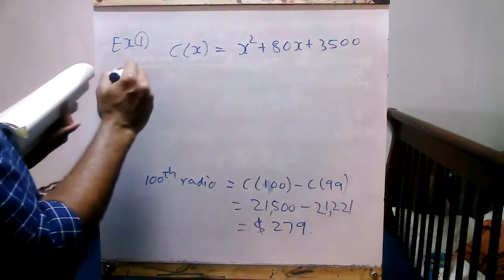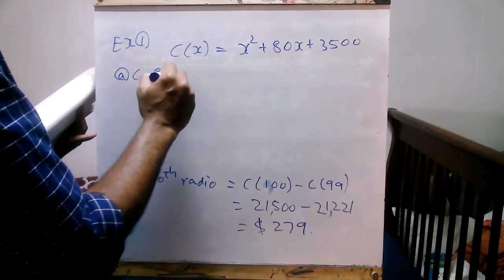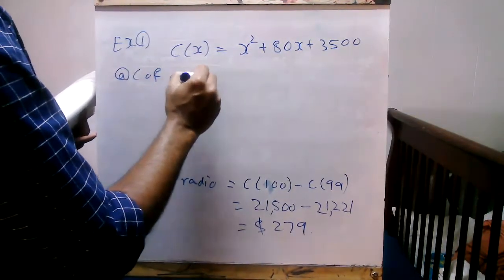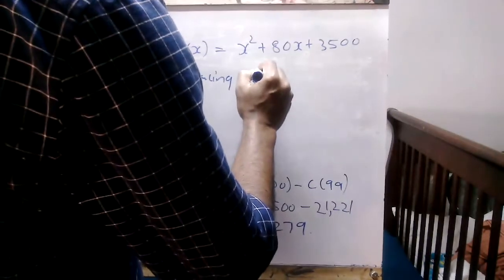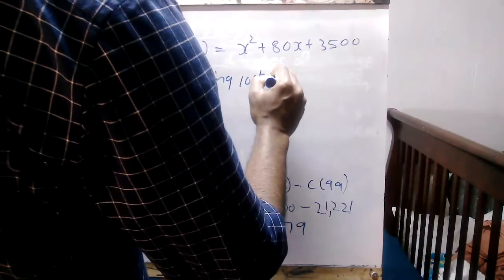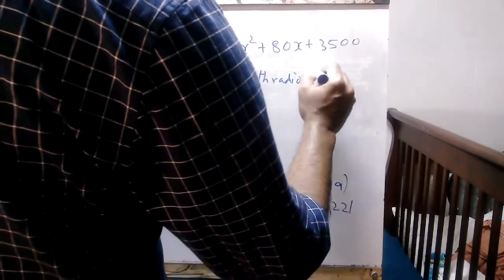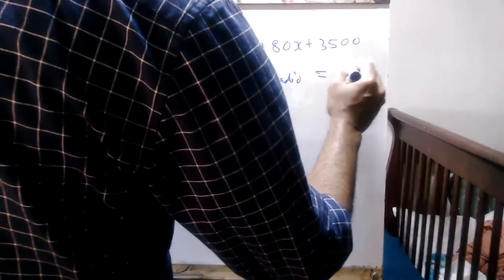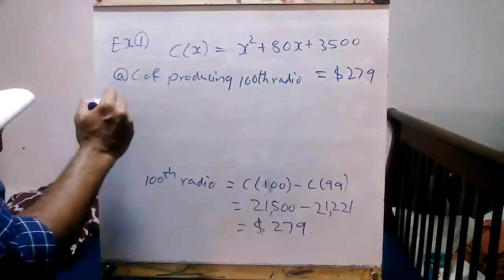So I write: cost of producing the 100th radio equals $279.